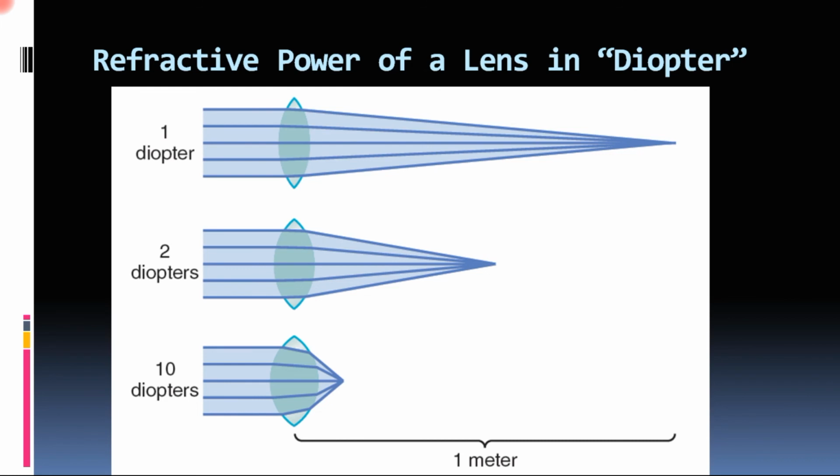In that case, a lens which diverges the light rays equal to a lens which converges the light rays of 1 diopter will have a power of minus 1 diopter. That means if we place a concave lens in front of a convex lens, they will neutralize each other and there will be no bending of light rays. In that case, the concave lens is said to be of the same diopter as the convex lens.